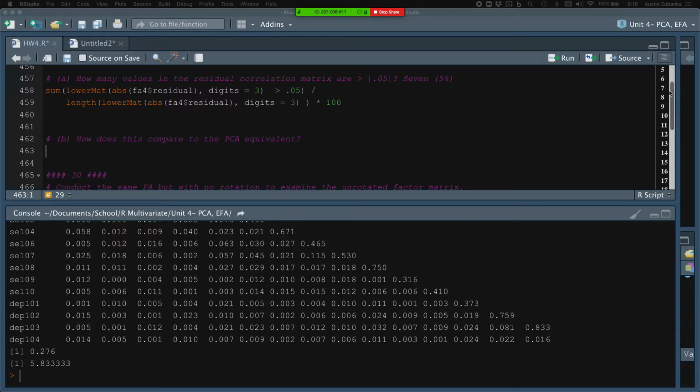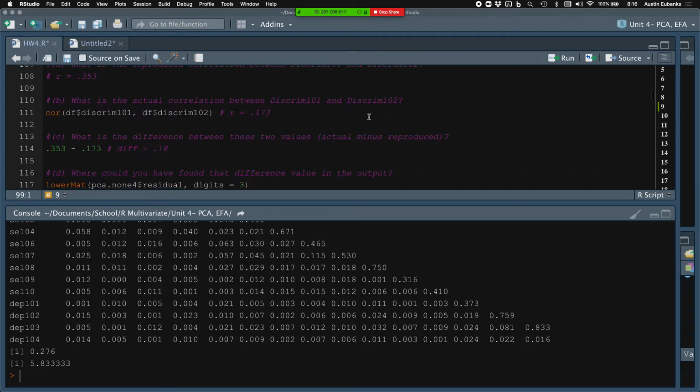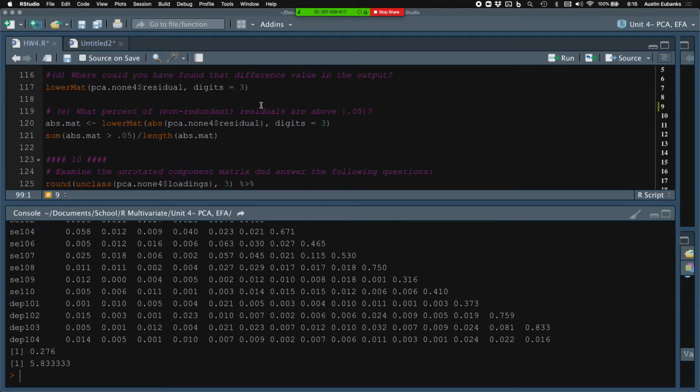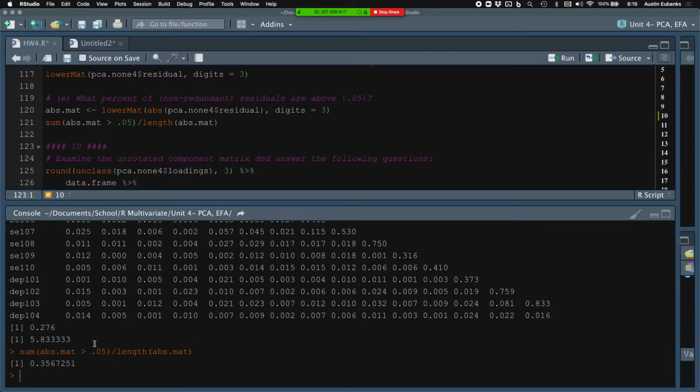If we scroll back up here, we had 35.6% of the original one back up in number 9.